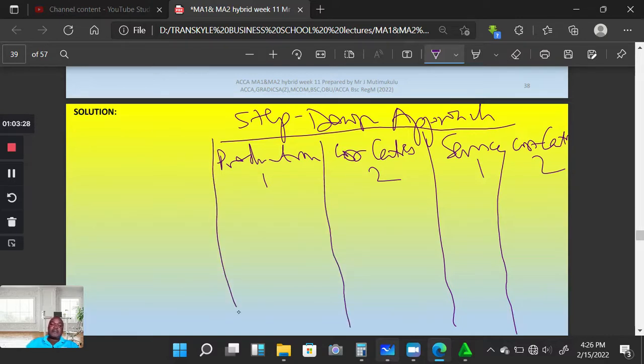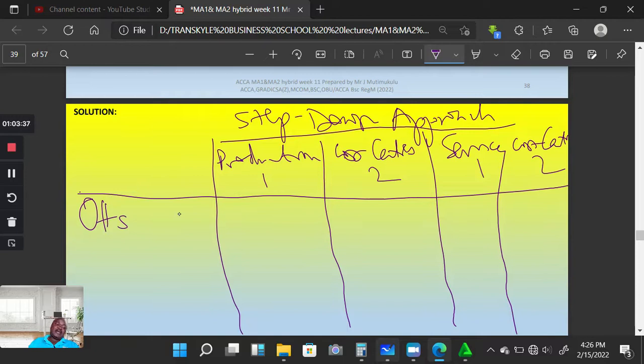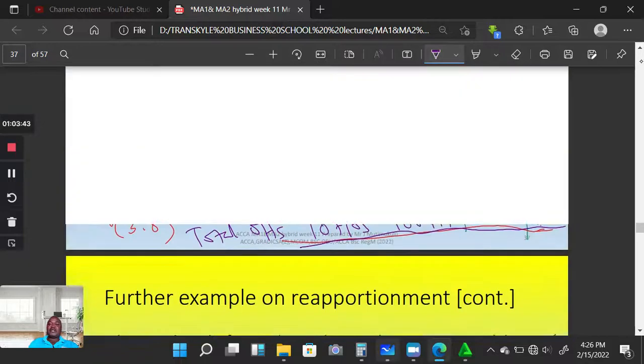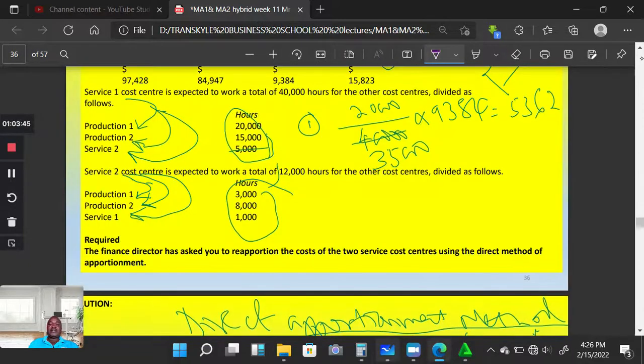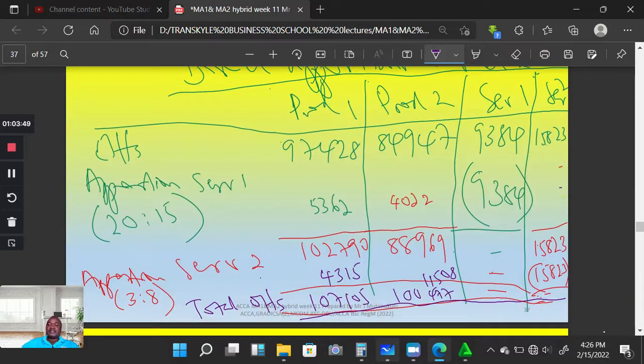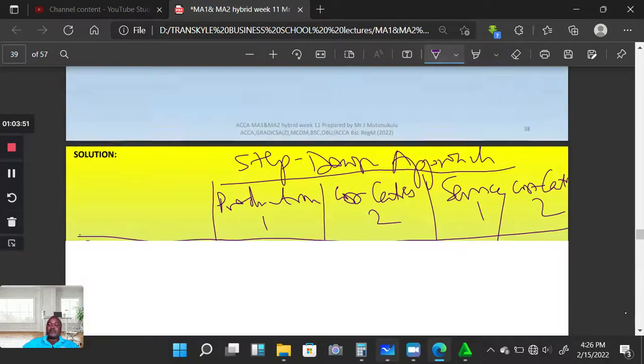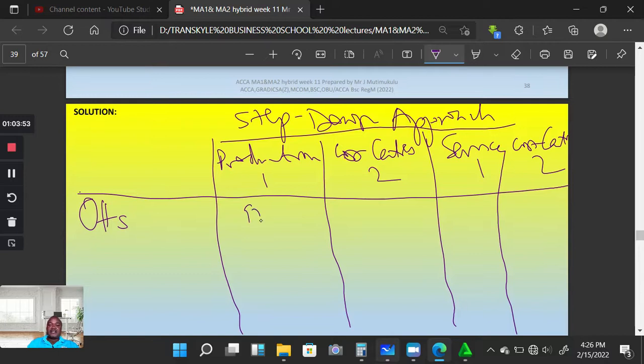Like I said, the first line we just have to put the overheads. For production cost center 1, the overheads will be 97428.